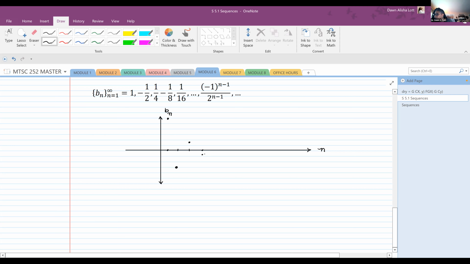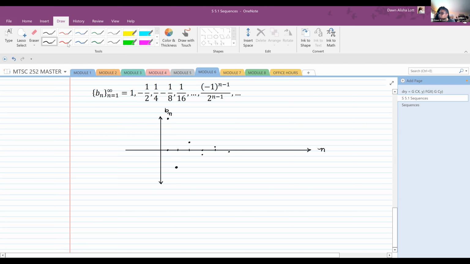Positive, wait a minute, what am I doing? Something's wrong. 1, -1/2, 1/4, -1/8, +1/16. Okay, that one is -1/8. So this is n equals 5, and we get something here, and then n equals 6.